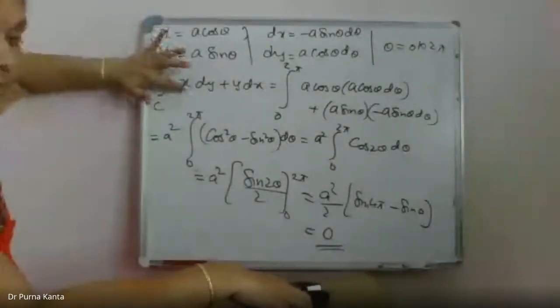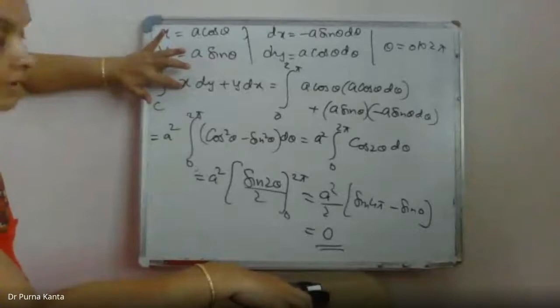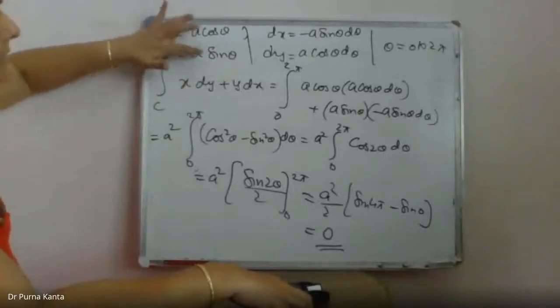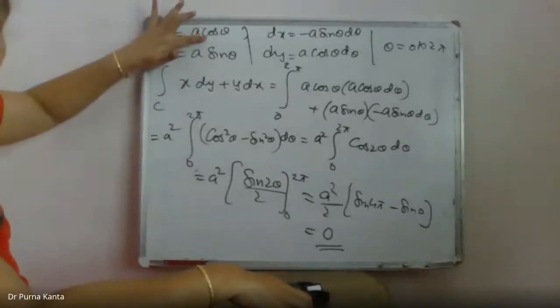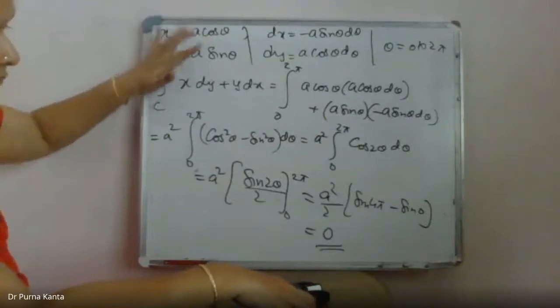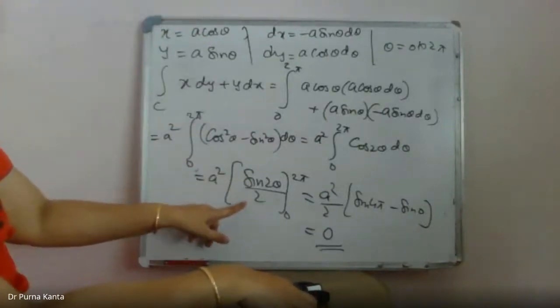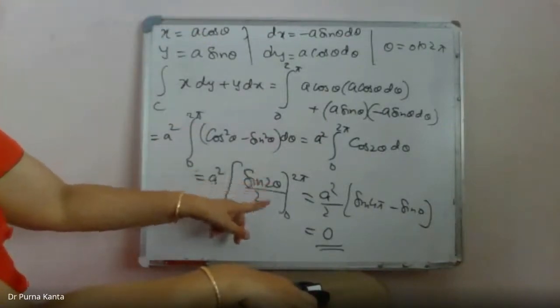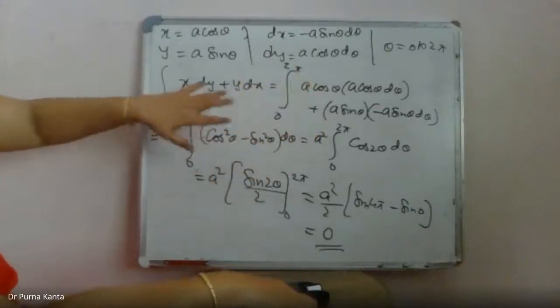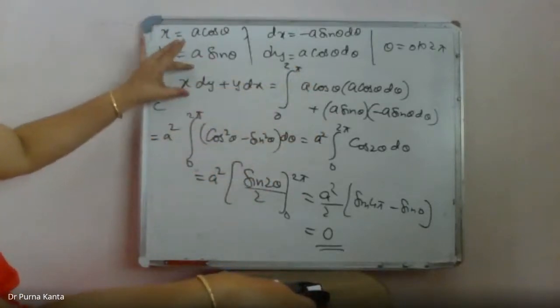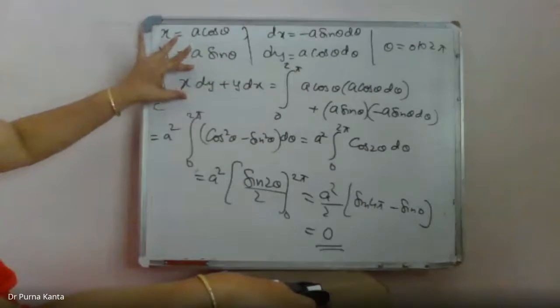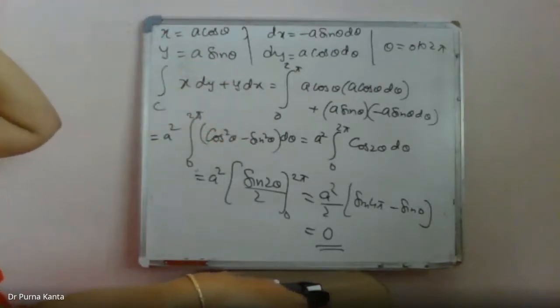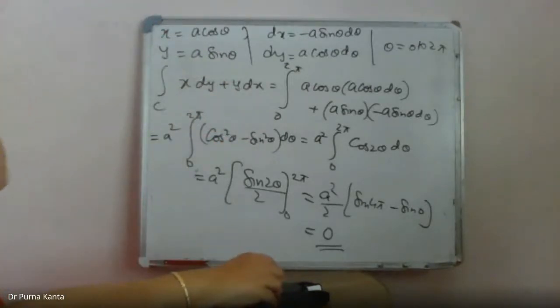So the complete value is simply x into y. What is x into y? a square sin theta cos theta. And we know sin theta cos theta is sin 2 theta by 2. So we get a square sin 2 theta by 2, with limits from 0 to 2 pi. Instead of going through all this calculation, if you simply take this value as a total derivative, you can evaluate it directly. In one step you will get the answer.